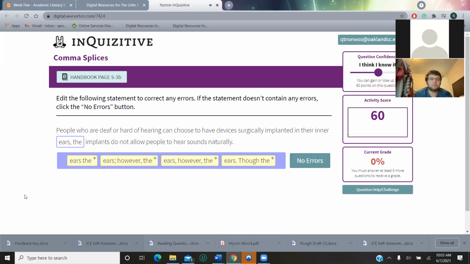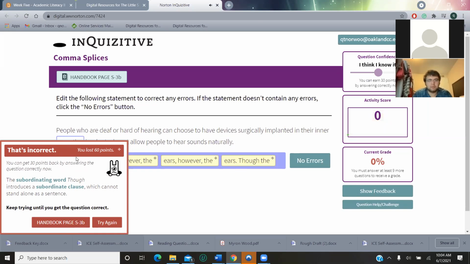People who are deaf or hard of hearing can choose to have devices surgically implanted in their inner ears. One independent clause. The implants do not allow people to hear sounds naturally. Gotta be a period. That would be right, Myron, but it's not one of our options. Like this one, let's see.